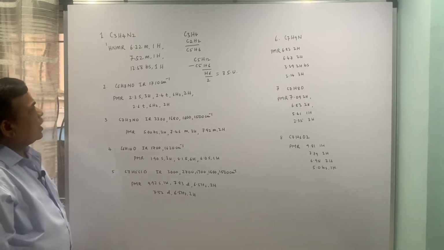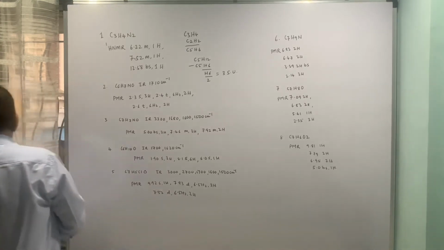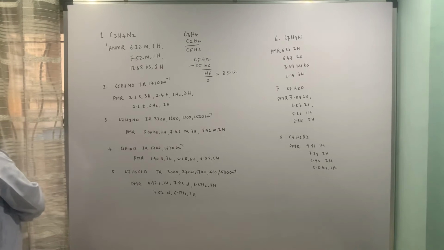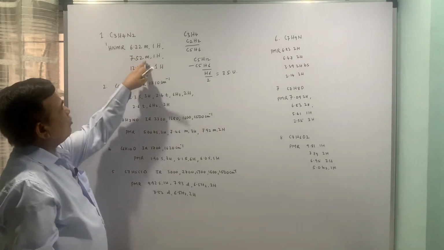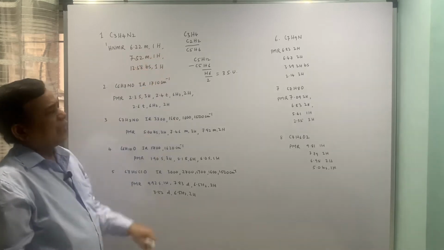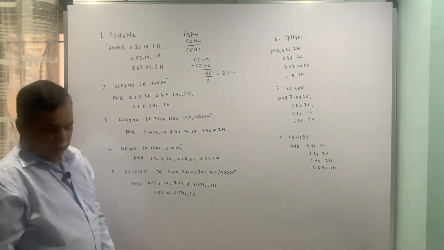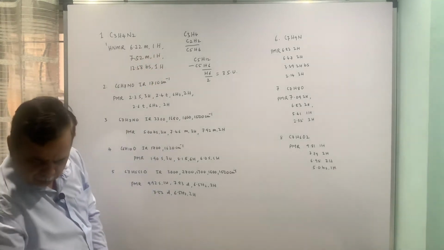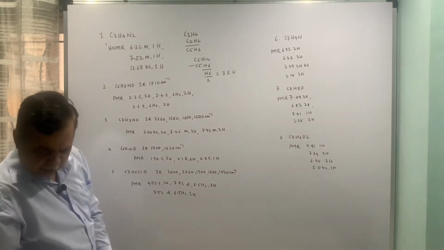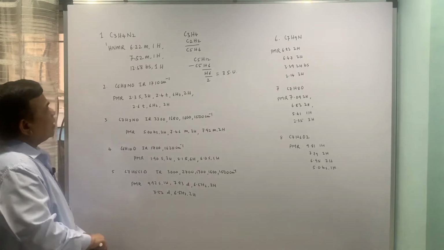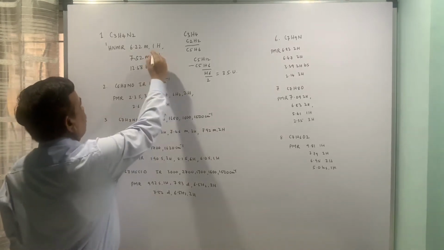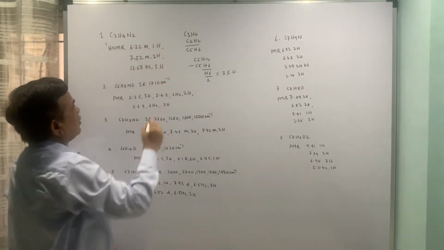So there are three sides of unsaturation, and if you look at the protons 6.22 and 7.52, they look like the aromatic protons. Now here this is 2 proton, not 1, because that summation should match.